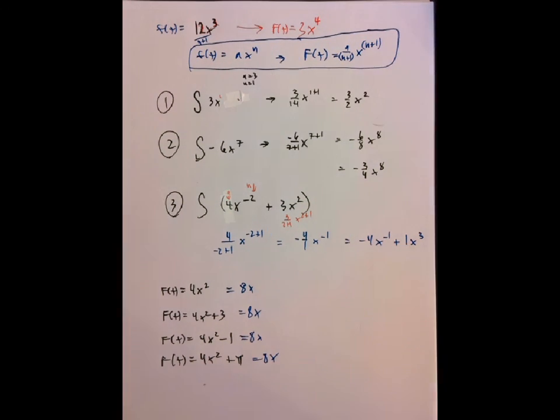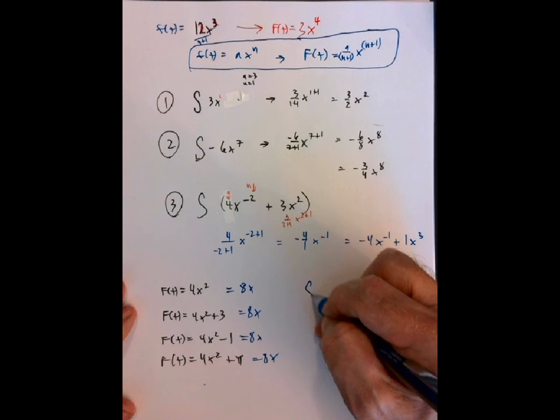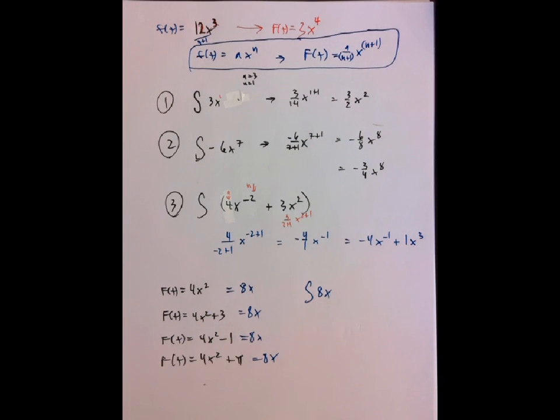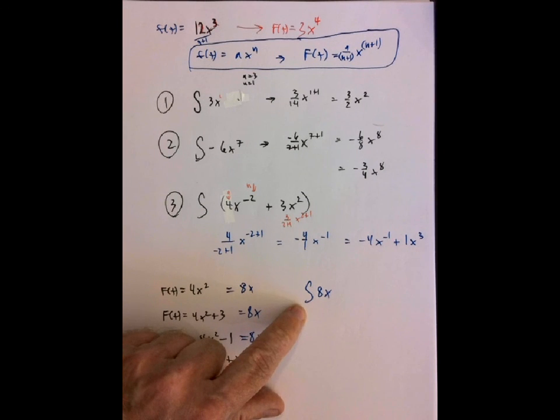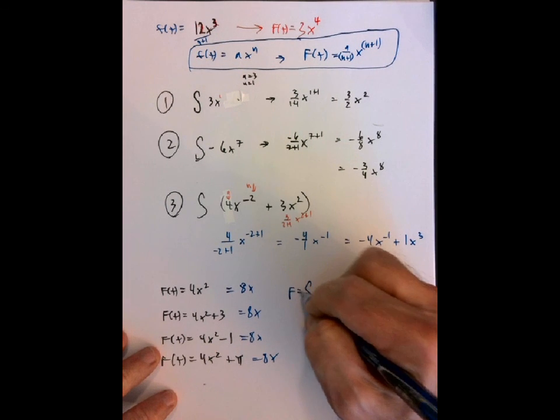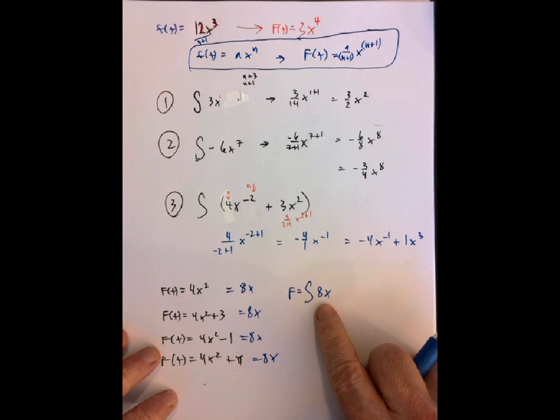So what if this is your problem? You're supposed to find the antiderivative of that. You're supposed to find some function F that is the antiderivative of this. Well, which one is it, right?